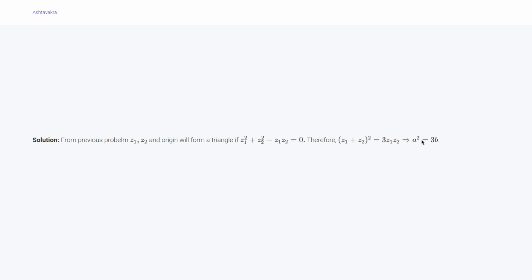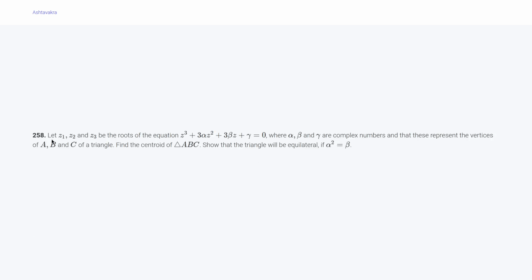In this case, the coefficient of Z is A and the coefficient of Z square is 1. So minus A by 1 will be minus A, and the square of that will be A square. And Z1 Z2 will be B, so 3 Z1 Z2 will be 3B.